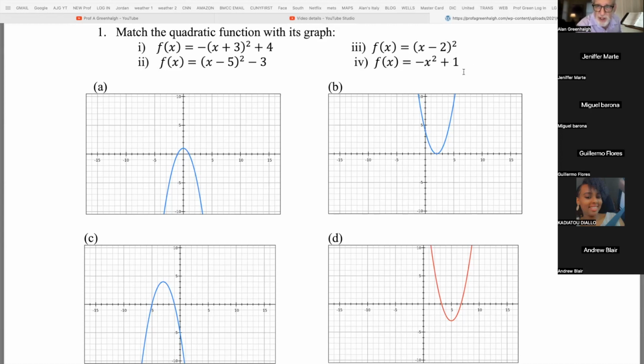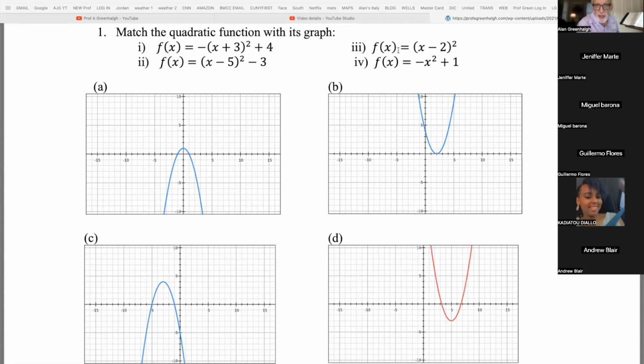This one indicates that the graph actually starts at (0, 1), when x is 0 and y is 1, as opposed to this one down here, C, which starts, if you count this, 1, 2, 3, at (-3, 4), and that's this one right here. This one has a vertex of (-3, 4), number 1. So C goes with 1 and A goes with 4.